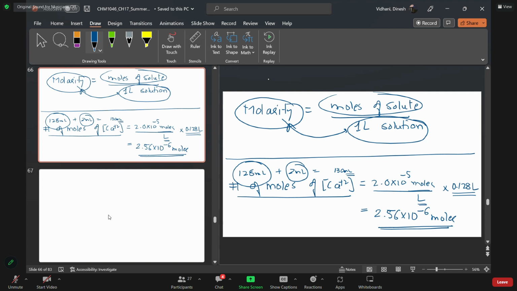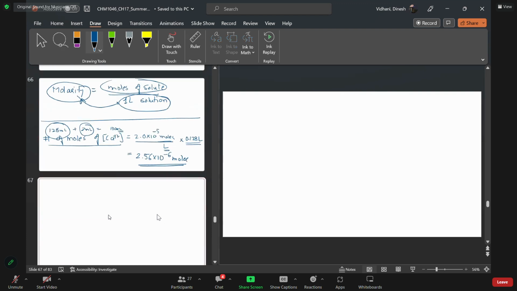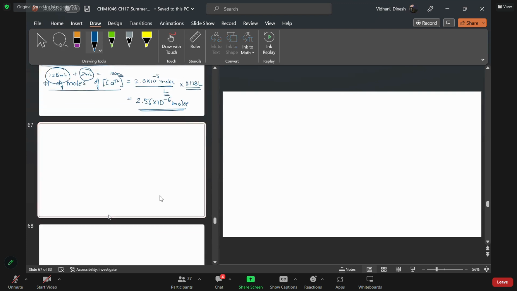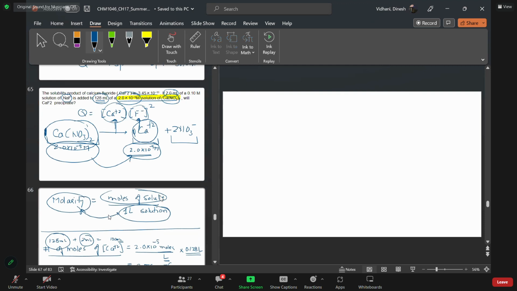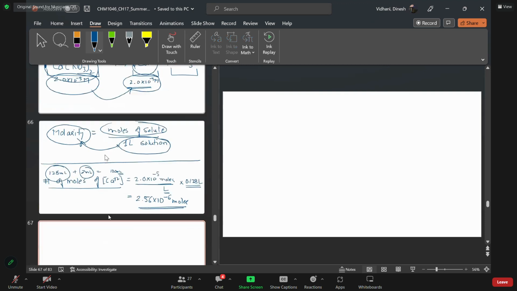So here you have 2.56 × 10^-6 moles. That's the calcium ions that we started with. How much fluoride ions do we have? And you'll see the change now. For fluoride ions, we started with 2 milliliters, and this was a 0.1 molar solution.